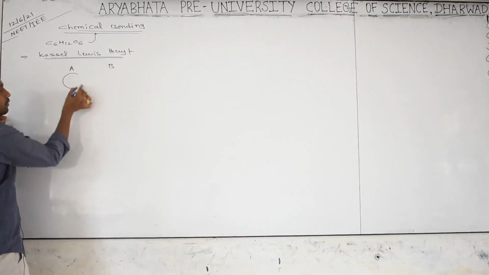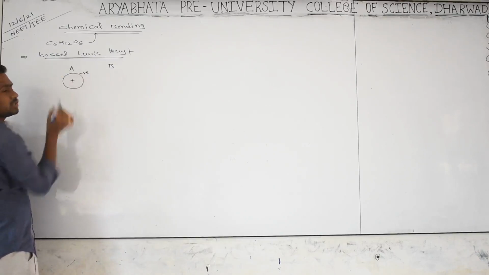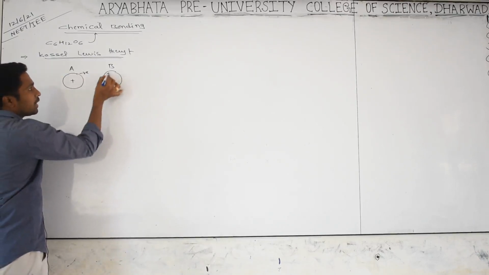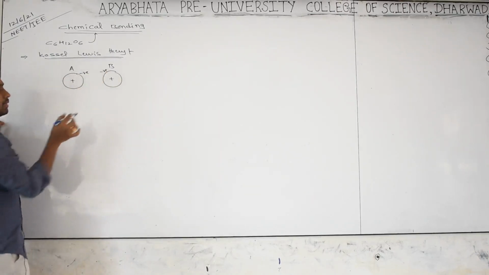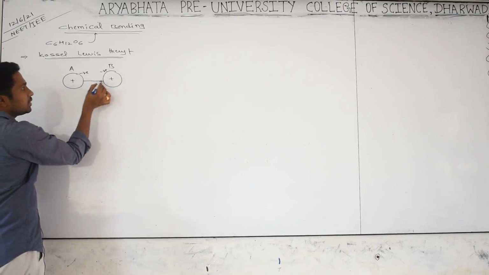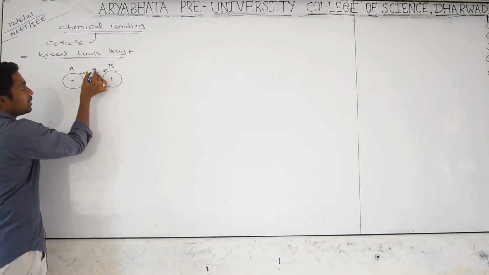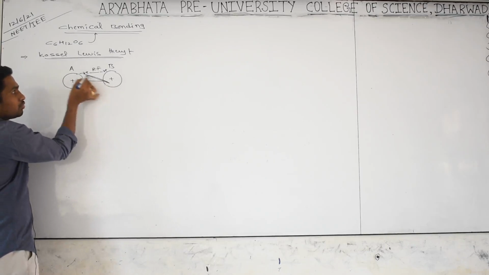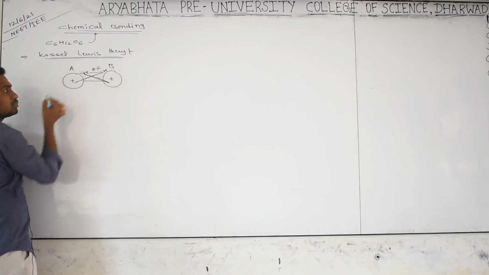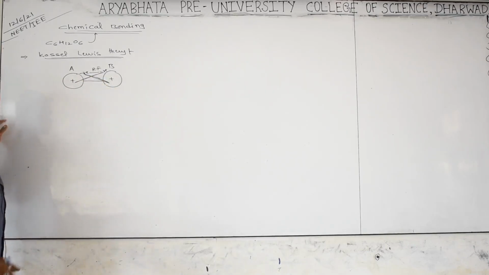In atom A we have a nucleus with positive charge and electrons with negative charge. B atom also has a nucleus with positive charge and electrons with negative charge. You know very well, between nucleus and nucleus, and electron and electron, we have repulsive force. Between electron and nucleus we have force of attraction.